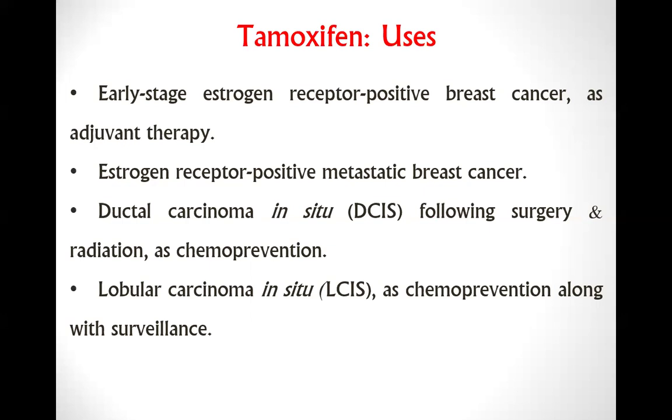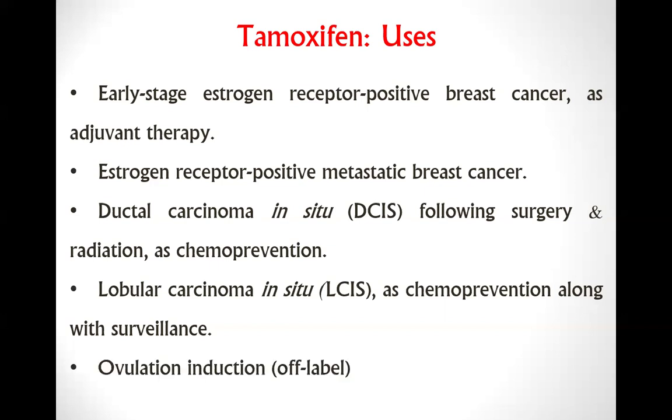Even though it is in situ, it is highly localized. You remove the primary tissue, but then the risk is there that sooner or later the patient is at risk of developing ER-positive breast cancer. The pathologist must have mentioned that.